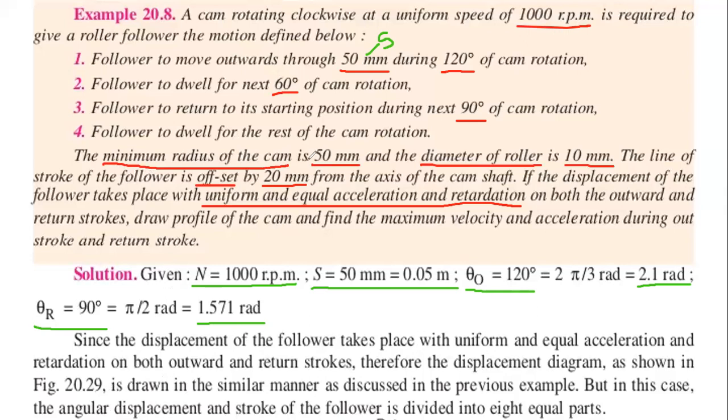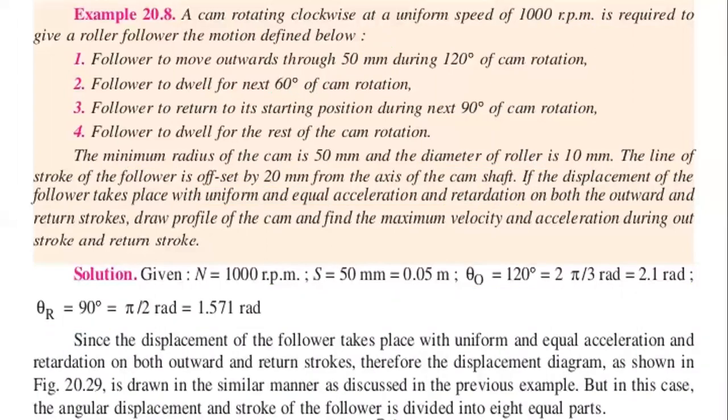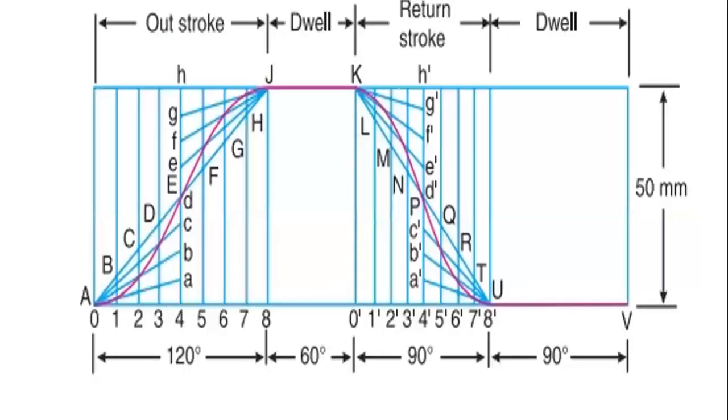In the displacement diagram, we do not need the details about the follower. We only need the details about the motion of the follower. So next we need to draw the displacement diagram, this is the displacement diagram for uniform acceleration and retardation.